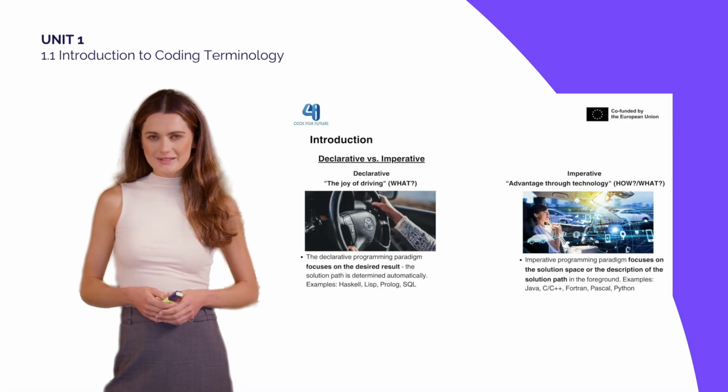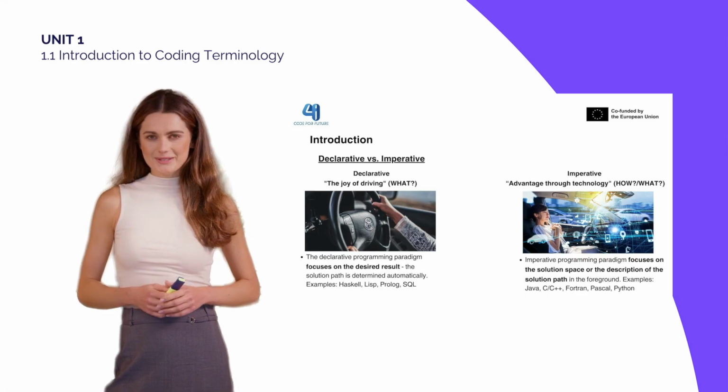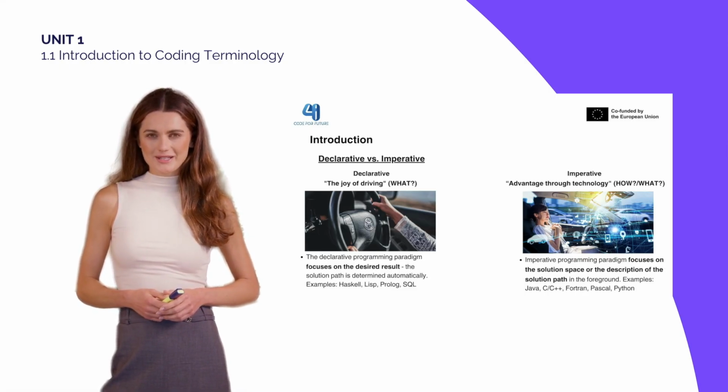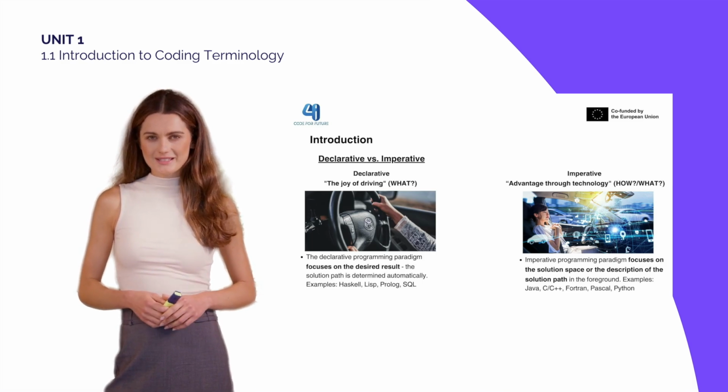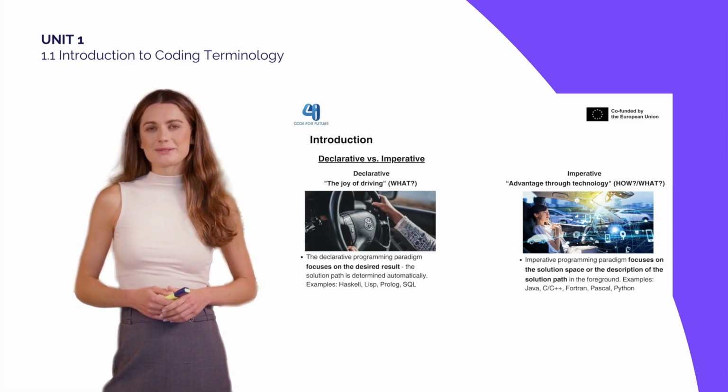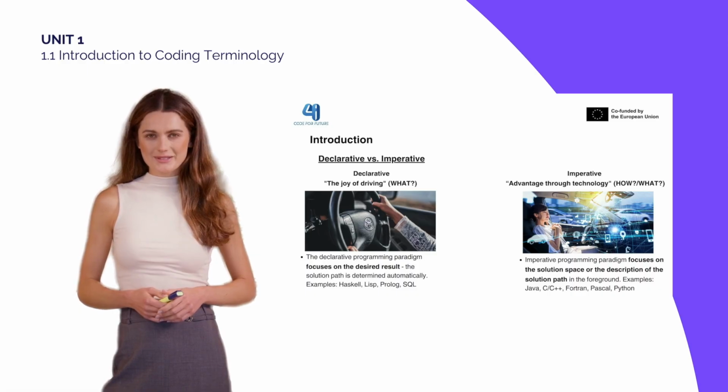Languages like Java, C++, Fortran, Pascal, and Python follow this imperative approach. To summarize, declarative programming focuses on what needs to be done. Imperative programming focuses on how it should be done. Both have their advantages, and depending on the project, one might be more suitable than the other.